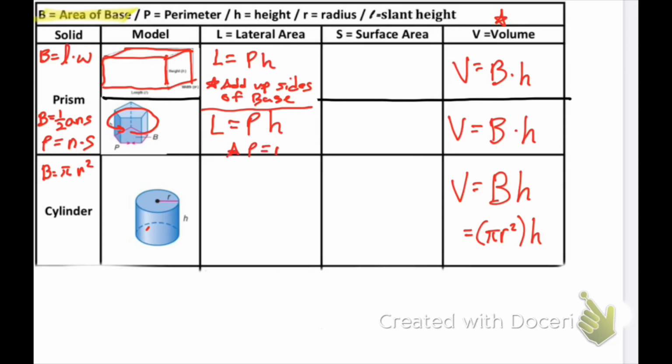So P is equal to the number of sides times s, if it's a regular shape. If it's a rectangle here, just add up the sides of the base and then multiply by the height. So that gives you the area going around the shape.